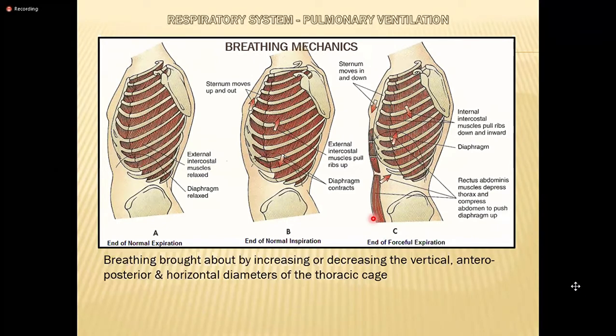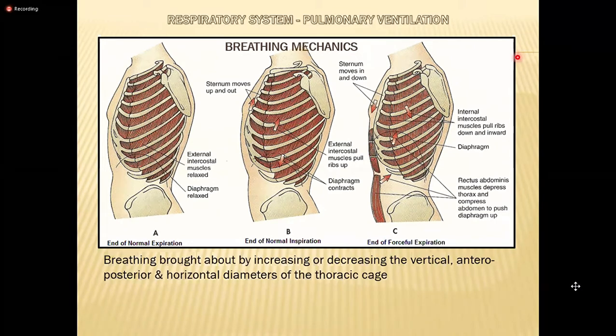When you pull it to the side, or when you try to carry the pail, you adjust the handle, right? So that is the horizontal diameter, and then the vertical, and then the antero-posterior.